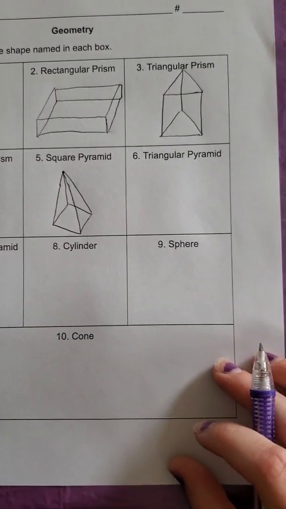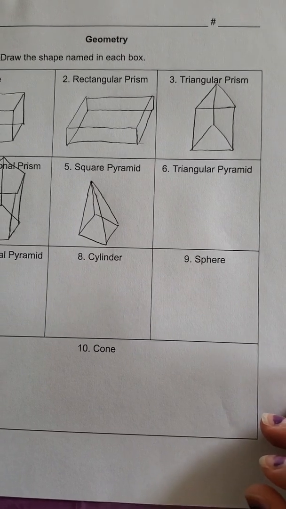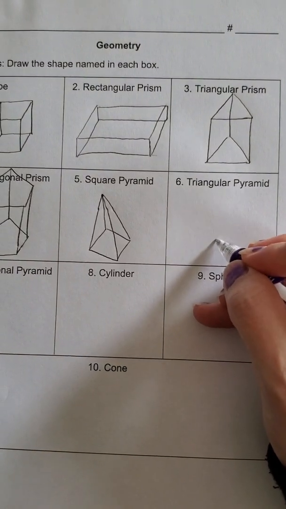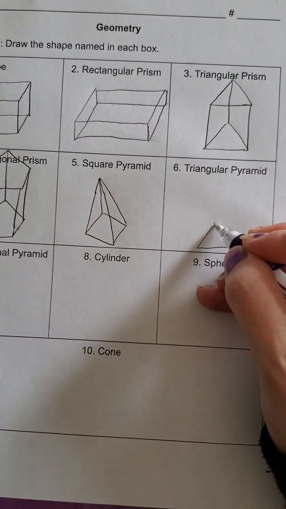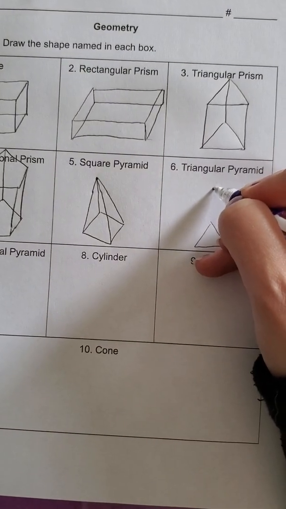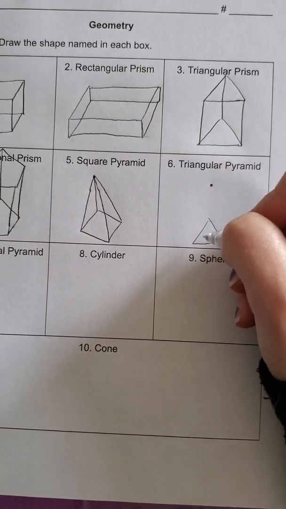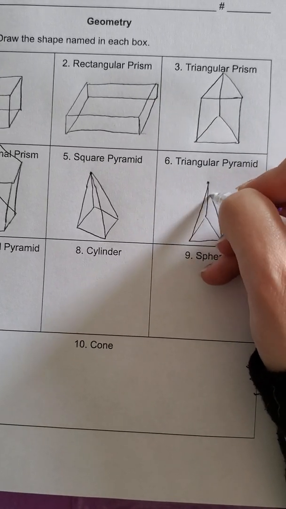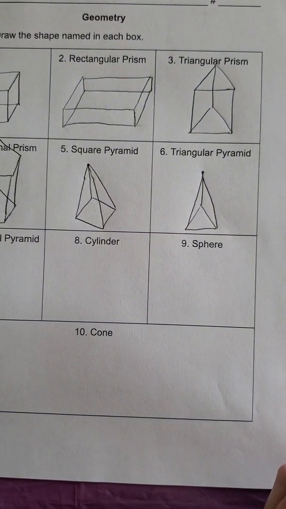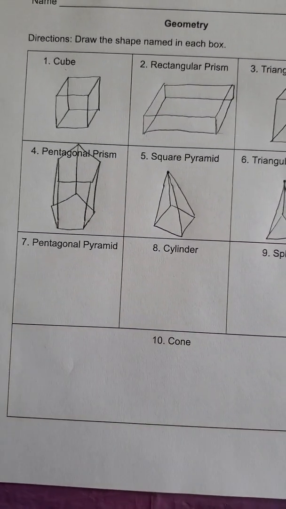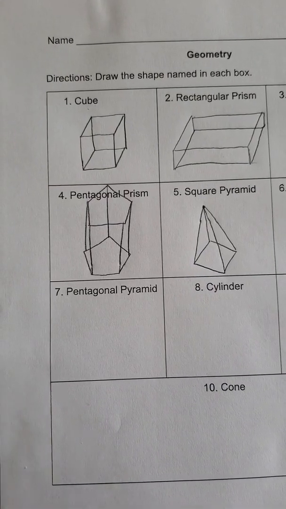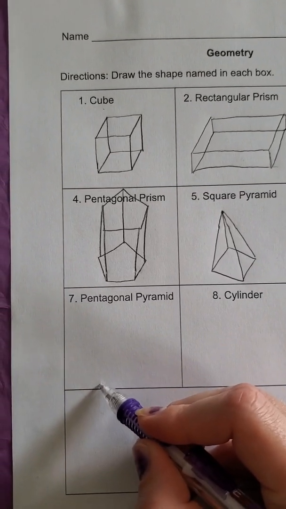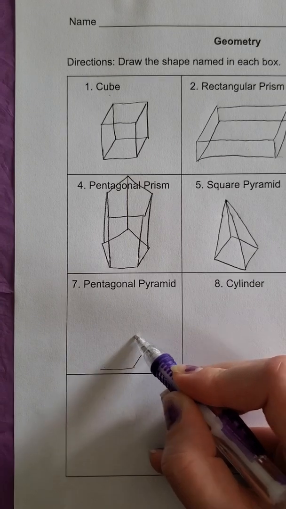Next, I am going to draw the triangular pyramid. A triangular pyramid has a triangle base. So I'm going to draw a triangle. Draw a point for my vertex, and all of my corners will come up to that one common vertex. Here is my triangular pyramid. Our last shape is a pentagonal pyramid, so I'm going to draw a pentagon shape at the bottom of my box that has 5 sides.